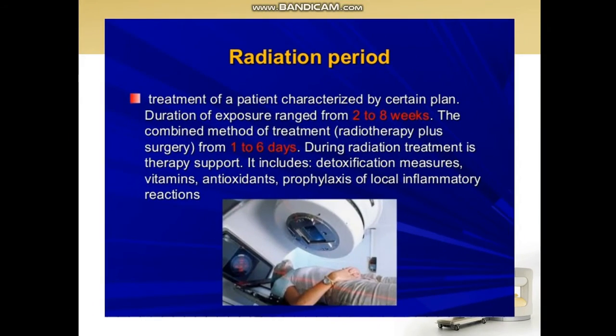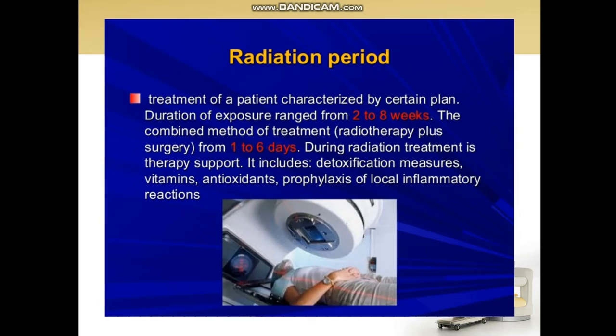In the radiation period, the important point is treatment: in this period we treat the patient according to a certain plan. Duration of exposure ranges from 2 to 6-10 weeks.